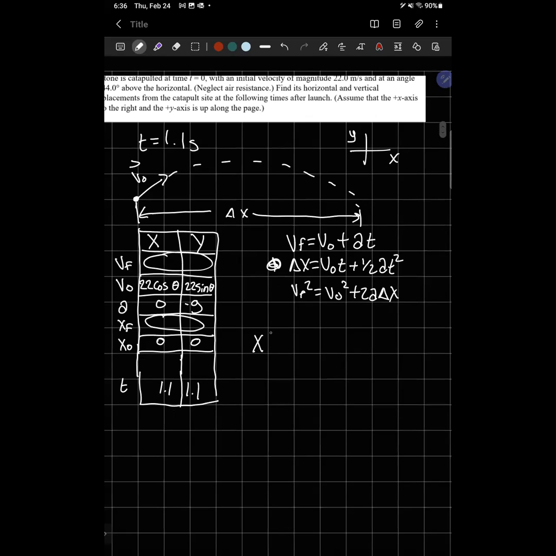I'm going to start with horizontal. X final minus X initial equals V naught T plus 1/2 AT squared. Let me grab my calculator.